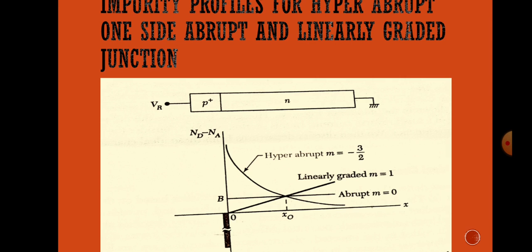The hyper-abrupt profile can be achieved by epitaxial growth techniques, which we know is a layer by layer deposition of atoms.